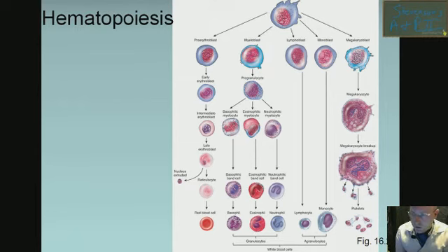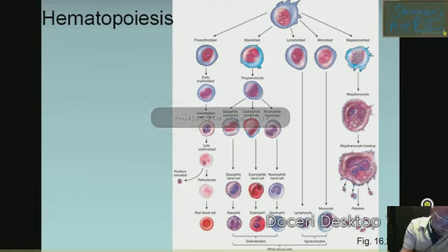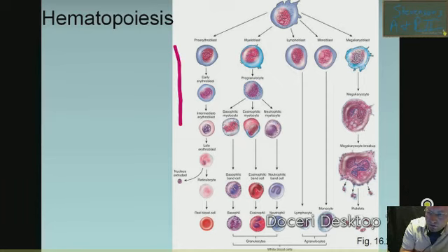You have the proerythroblast, and that proerythroblast ends up being a red blood cell. You can see the proerythroblast and how things will change. As it goes from proerythroblast to early erythroblast to intermediate erythroblast, they have a nucleus in the center of all three.